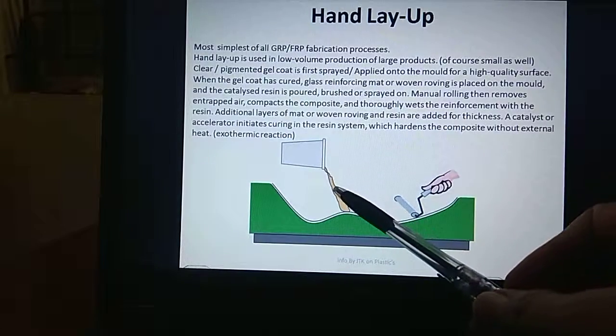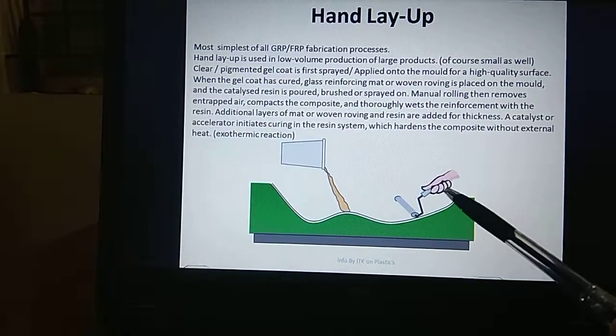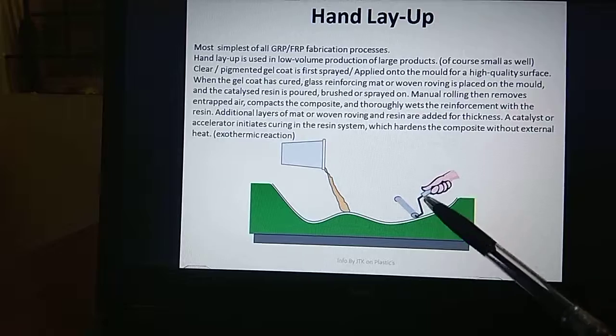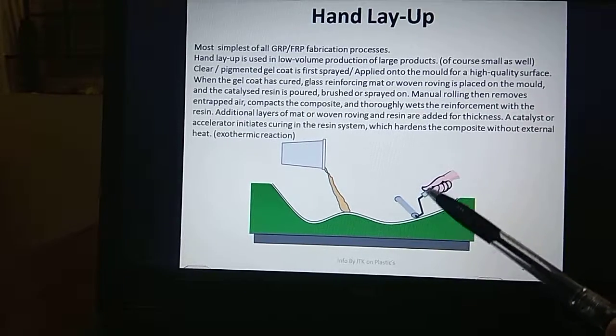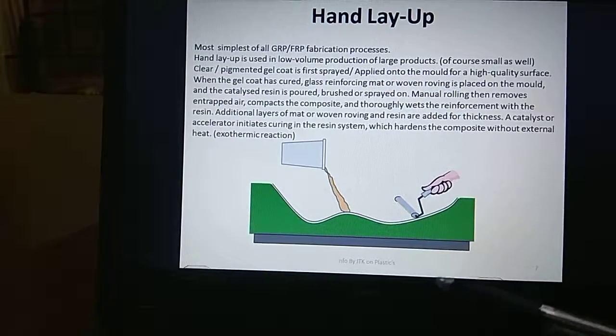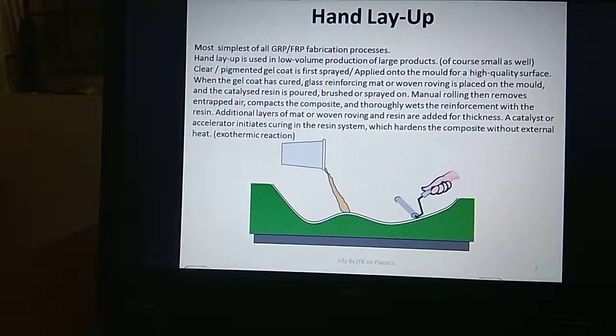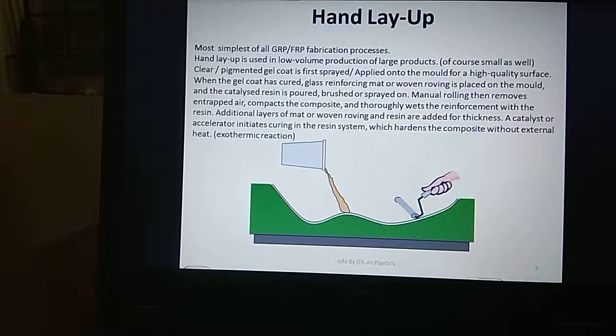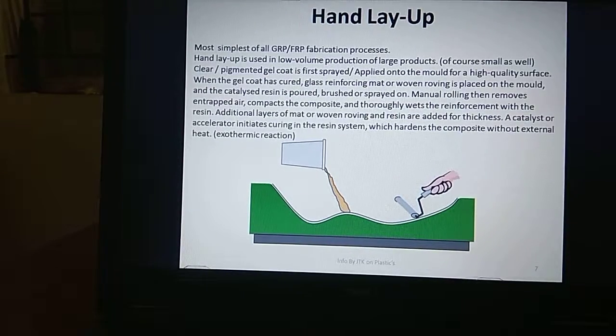What you see getting poured is resin, and the hand with a roller is doing a process where the rolling takes place to take out the entrapped air. Basically, the pigment or gel coat is applied on the mold surface to get a high quality surface.